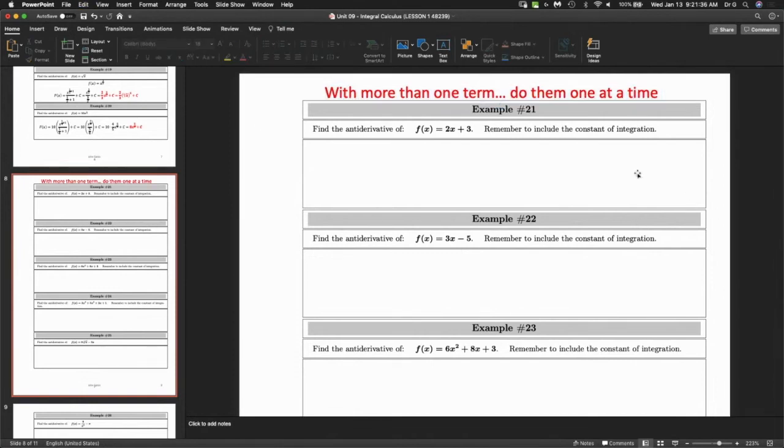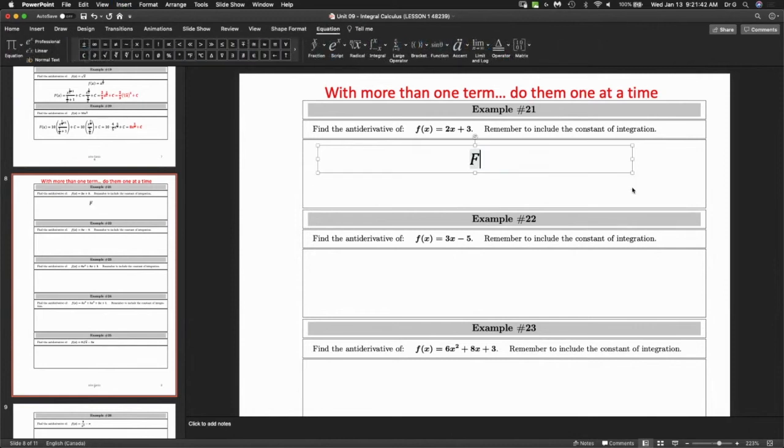So if you have more than one term, it's just separate questions. So let's take a look at 21 here and see if we can navigate that. So the first one is 2x. Yes, many of you remember that the answer is x squared, but let's say you don't remember that. You can do the bracket thing and put x squared over 2.